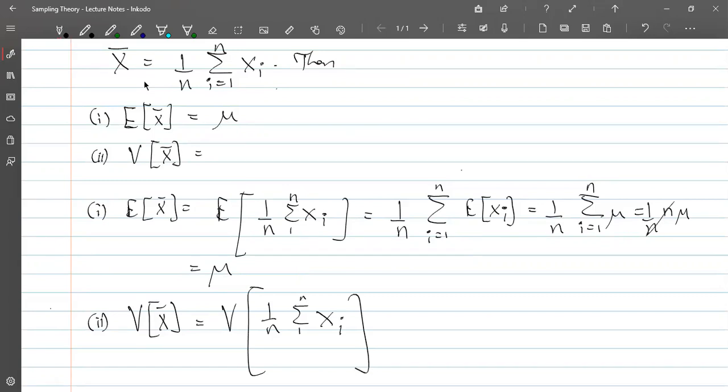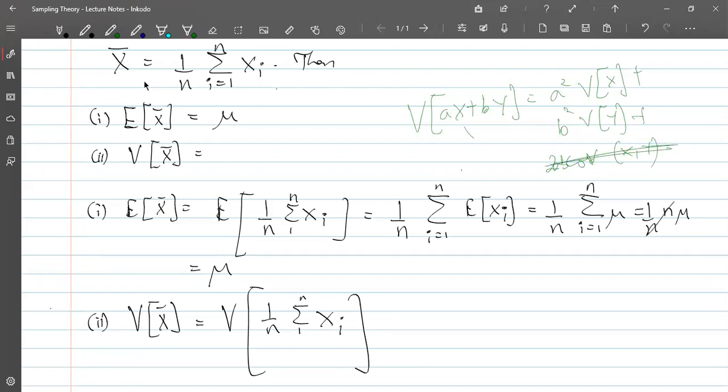Now, what do we know about variance? Variance of ax plus by, in general, is a square variance of x plus b square variance of y plus twice ab covariance of xy.